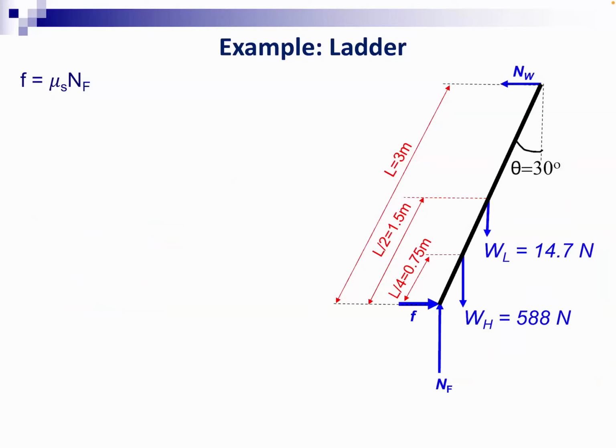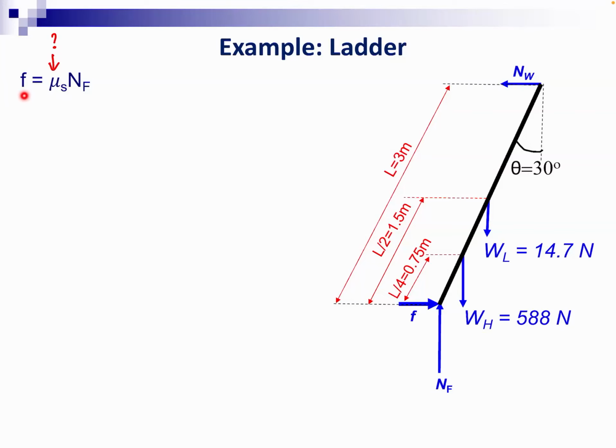But to help us find where to put the pivot point, first let's go back to what we need to solve in the first place. We need to solve for the coefficient of static friction, mu sub s. And coefficient of static friction comes into the definition of frictional force.